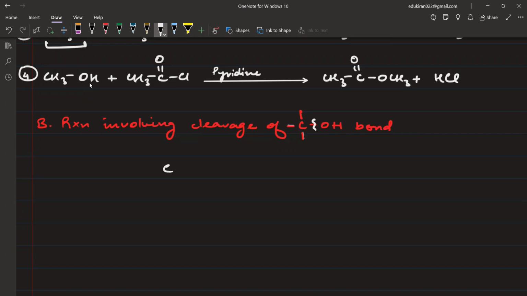We have carbon atom, some 3 atoms or 3 groups of atoms attached to it, and OH bond. Now this bond is quite polar because of delta negative charge on oxygen because of its high electronegativity. And if this bond becomes more and more polar, then what is going to happen?